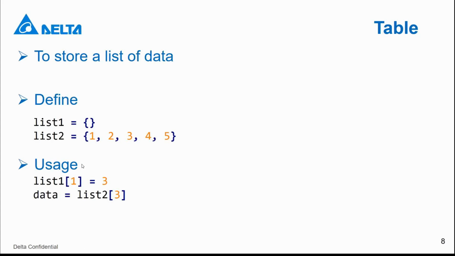That means in list1, the value at index 1 will be the number 3. If you are going to read, it's the same: you use the table name and then the brackets with the index inside. So this index is 3. In list2, index 3 is the number 3. Then the data will become the number 3 from the list. So this is a table.